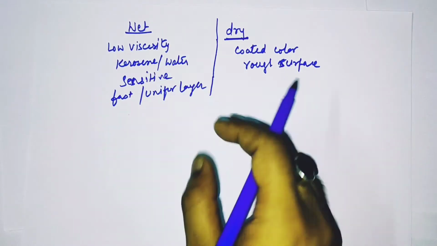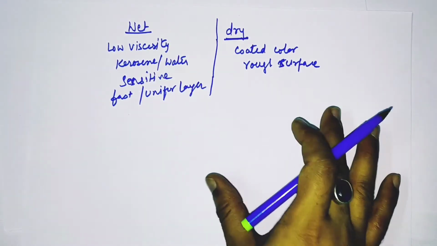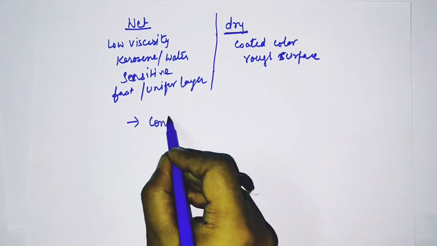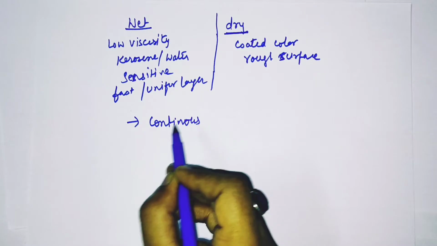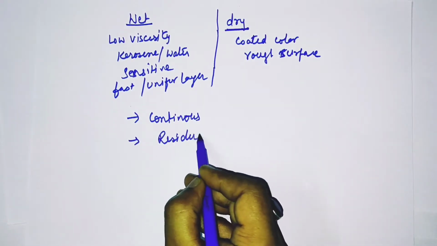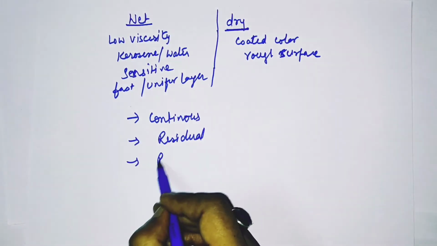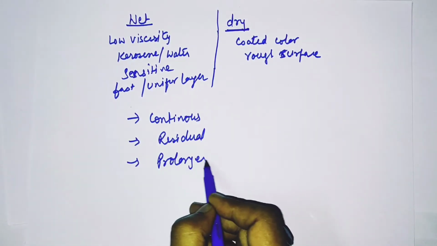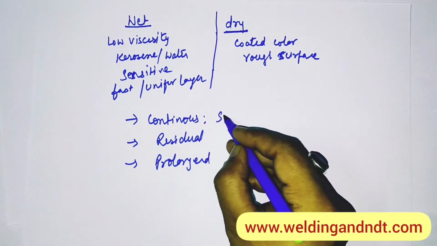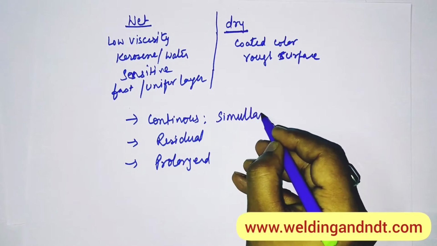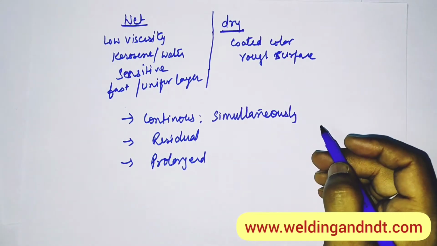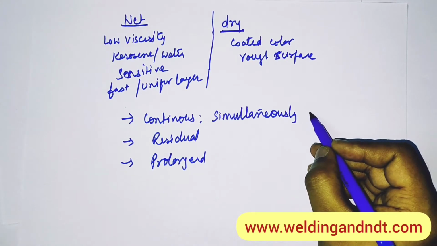Now after talking about the types of particles, there are several methods with which we can apply the particles on the surface. First is continuous, second is the residual method, and third is the prolonged method. The continuous method is nothing but particles applied simultaneously when the part is magnetized.